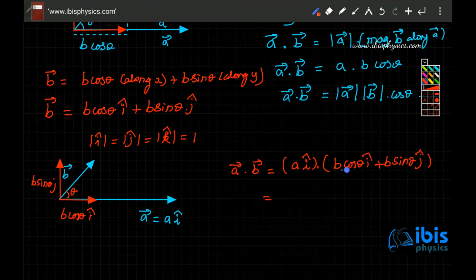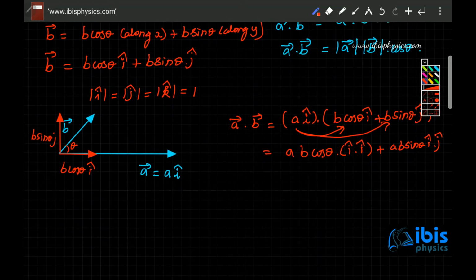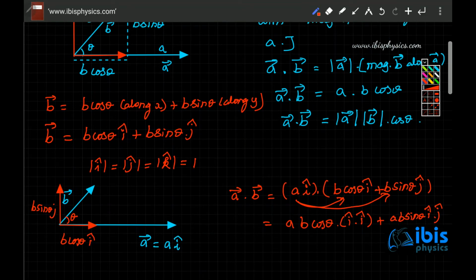And here, first term into first term is AB cos theta into, because it is a dot product, i dot i, plus this multiplied by this, which is AB sin theta into i dot j. Then i dot i, when you multiply, it is again a dot product. The dot product is AB cos theta.